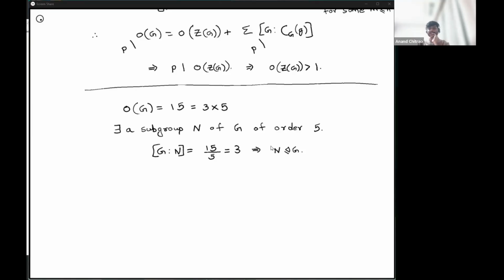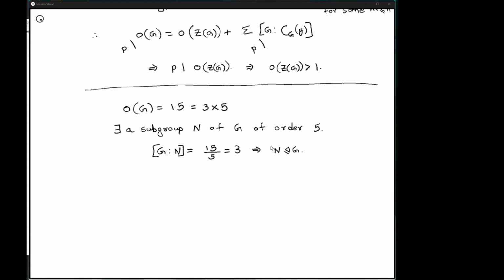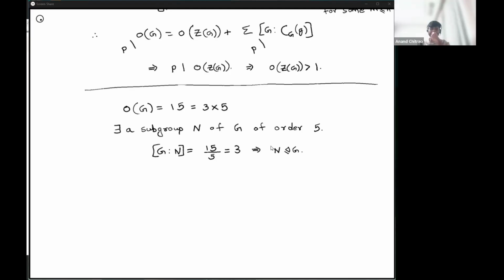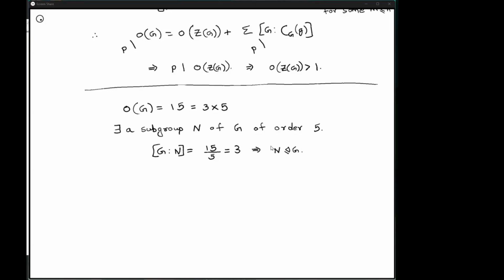How about 6? 2. Yeah, 2 again. How about 8? How many abelian ones are there of order 8? 3.